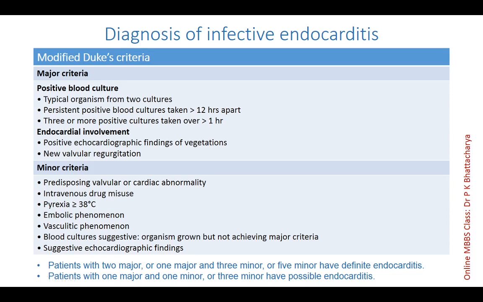So this is always a clinical assumption that the person has infective endocarditis or does not, and the treatment is empirically started most of the time, and we wait and look for the prognosis, because the treatment is also prolonged, at least a minimum of 4 weeks to 6 weeks to 8 weeks of continuous intravenous antimicrobial treatment, usually in a hospital setup.